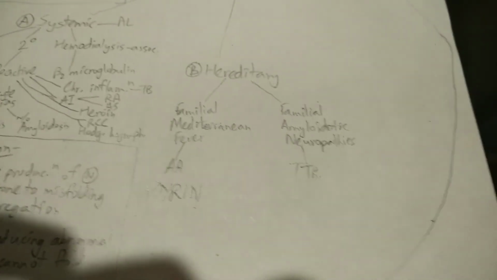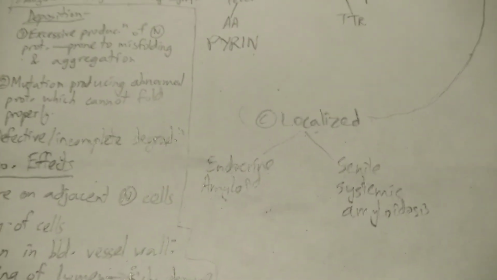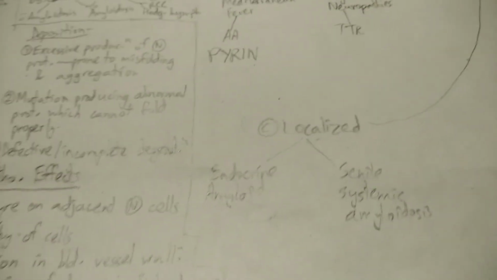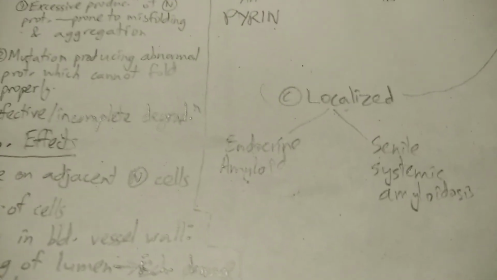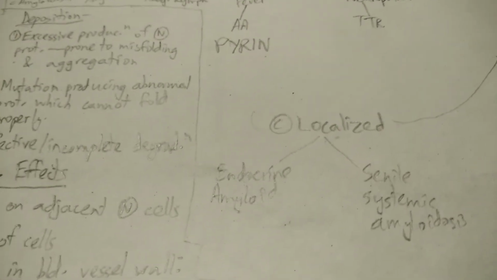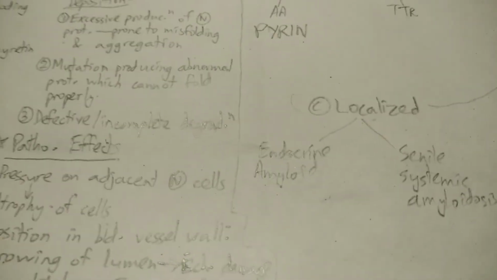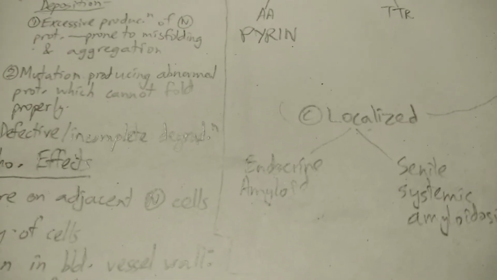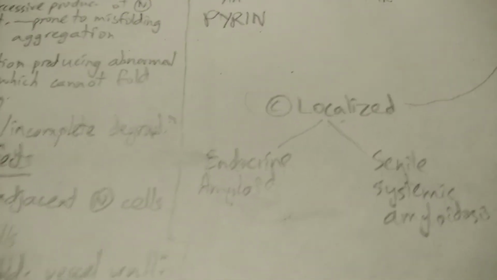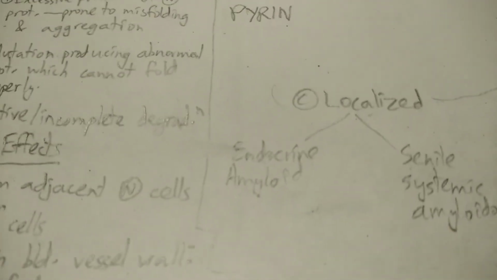Now, moving on to localized amyloidosis, you find endocrine amyloids. Basically, localized amyloidosis is not as systemic as the others because it's localized to a single organ or tissue. It's limited. It can either be grossly visible as nodular masses, or you can detect it only on microscopic examination, such as on biopsy.